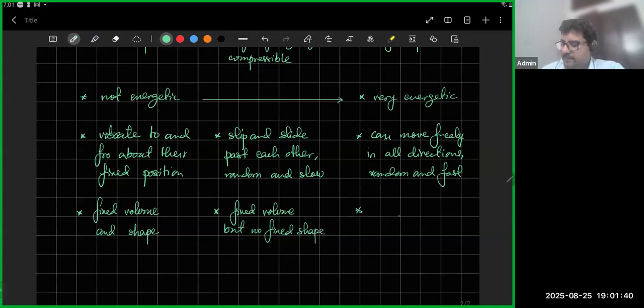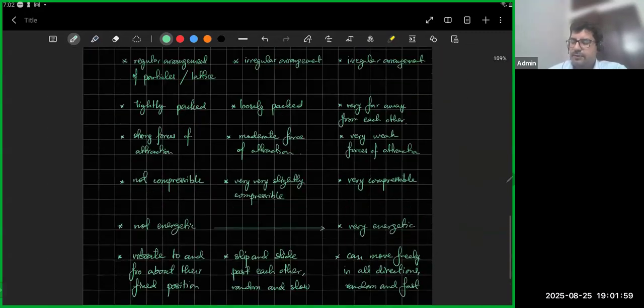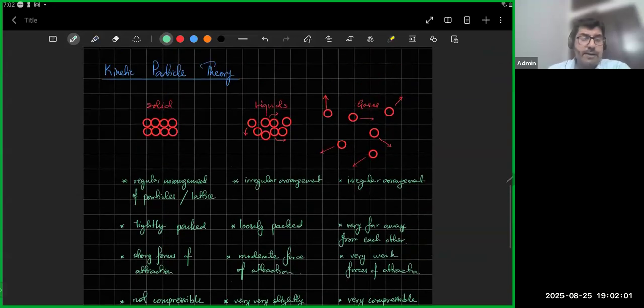And the last one is no fixed volume, no fixed shape. Gases, if you have a balloon, it can expand or contract, so no fixed volume or fixed shape. So those are all the properties of solids, liquids and gases.